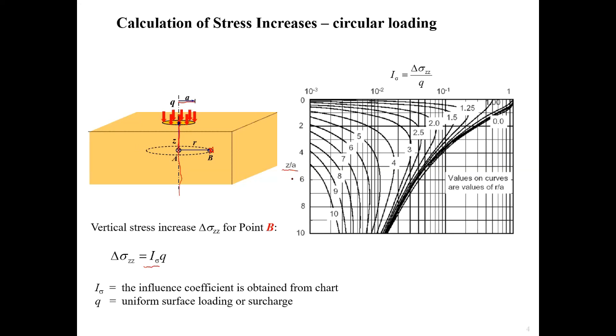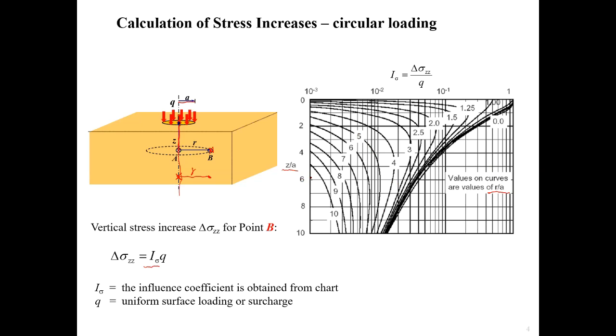Once you know the position of point B, you should be able to get the ratio Z over A. Those curved lines are the ratio of R over A, and this R is the distance between point B and point A. If point B is here, you just draw a horizontal line to the corresponding line that lies in the center line below the circular loading. So that will be R as well. For R over A, you are able to get the ratio, and the magnitude is labeled on this chart.